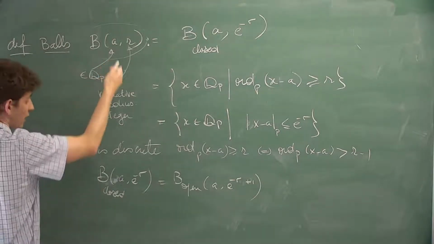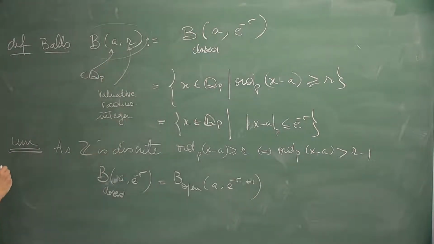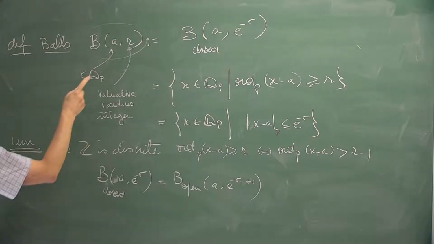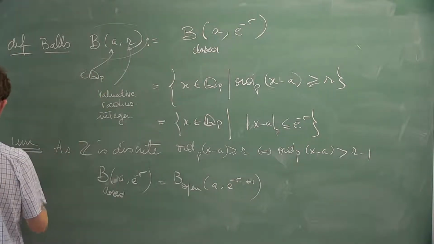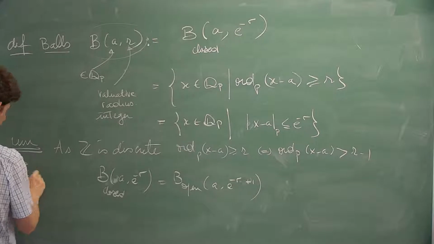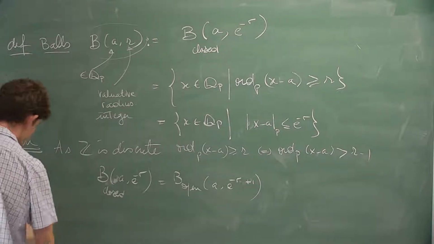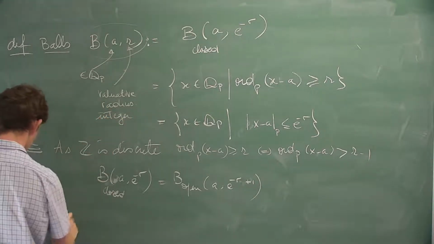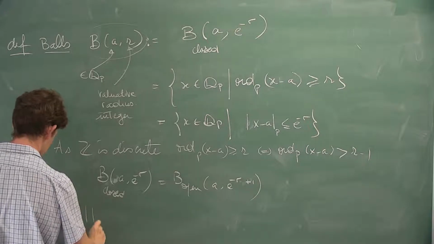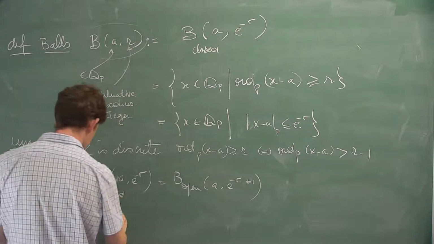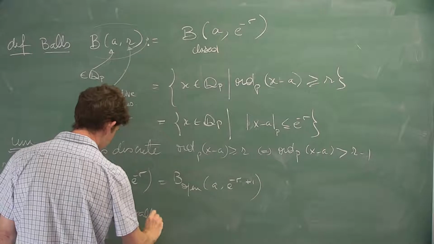Except if you have a point. So I suppose that r is an integer. So that means that the metric space Q_p is totally disconnected.